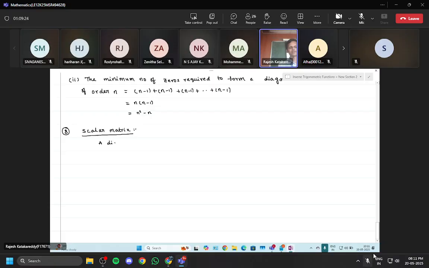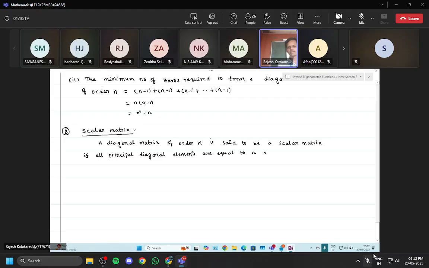A diagonal matrix of order n is said to be a scalar matrix if all principal diagonal elements are equal to a scalar.